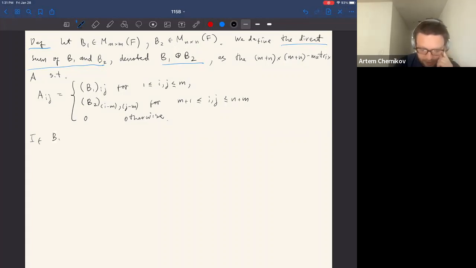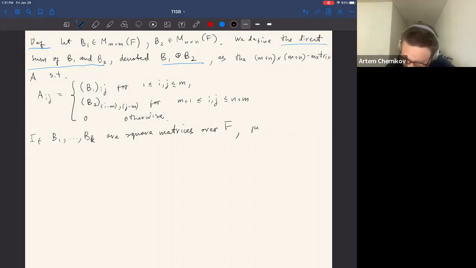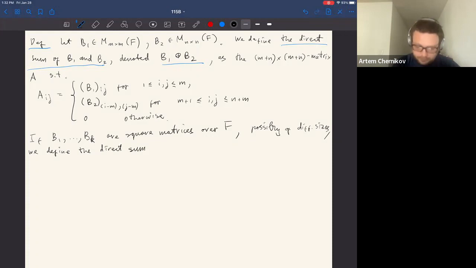So if now I have matrices B1 through Bk, all of these square matrices, all over the same field F, possibly of different sizes, then we define the direct sum of B1 through Bk.